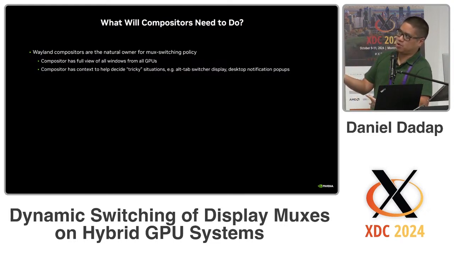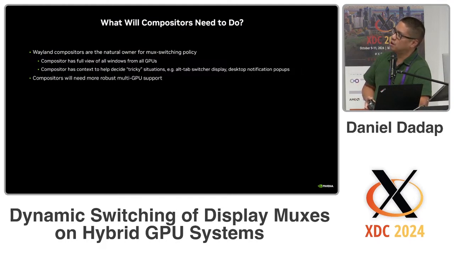And then either you're back in full screen, in which case not switching the mux is the right call, or you've gone to windowed mode or to some other application, in which case you'd want to switch. Another example is desktop notification. Same idea. If something pops up, you're not really full screen anymore on that application.